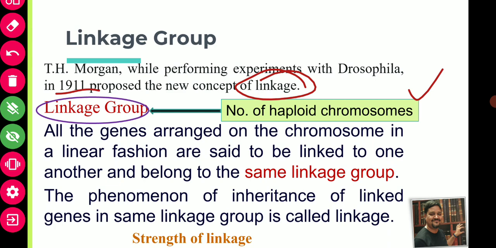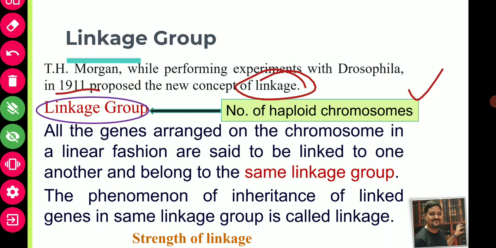If somebody is asking what is the linkage group in camel, you have to tell that the linkage group in camel is 37. In case of cattle it will be 30. In case of rabbit it will be 22. Similarly, if you know the chromosome number of an individual, you can say how many linkage groups that individual or species has.